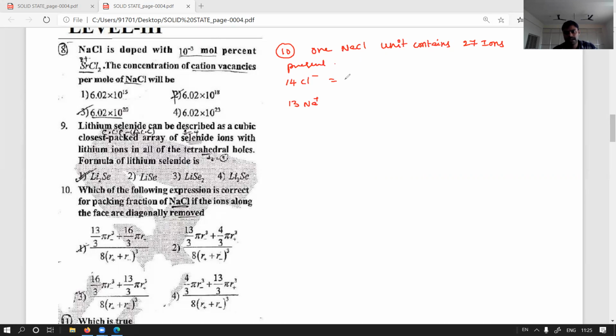These 14 chloride ions means what? There are 8 Cl minus ions at corners and the remaining 6 chloride ions at face centers.